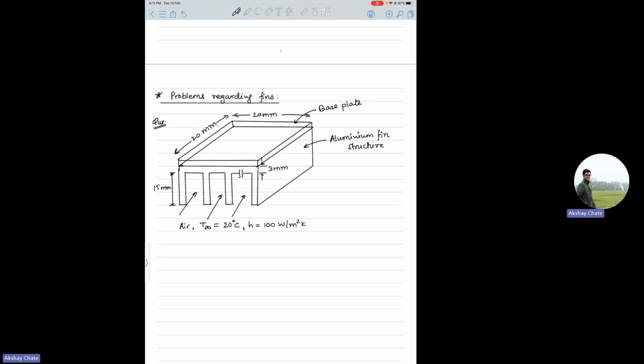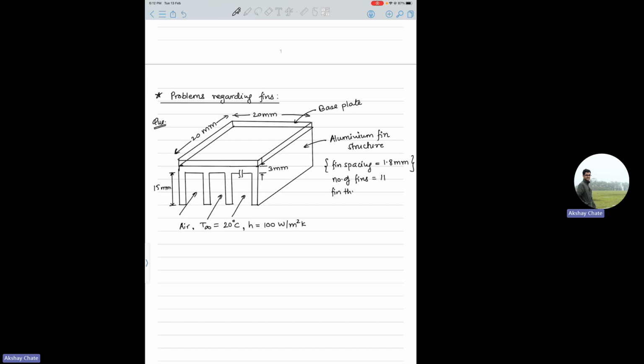And fin spacing is of about 1.8 mm, and number of fins are 11.